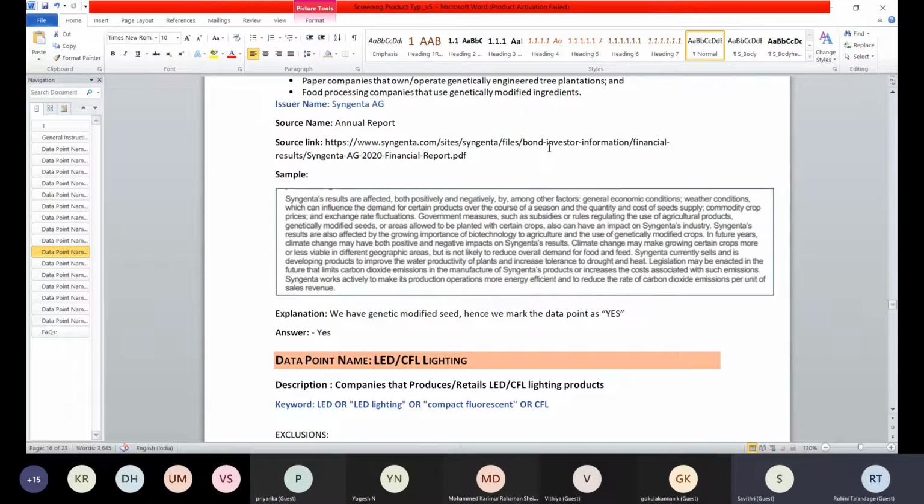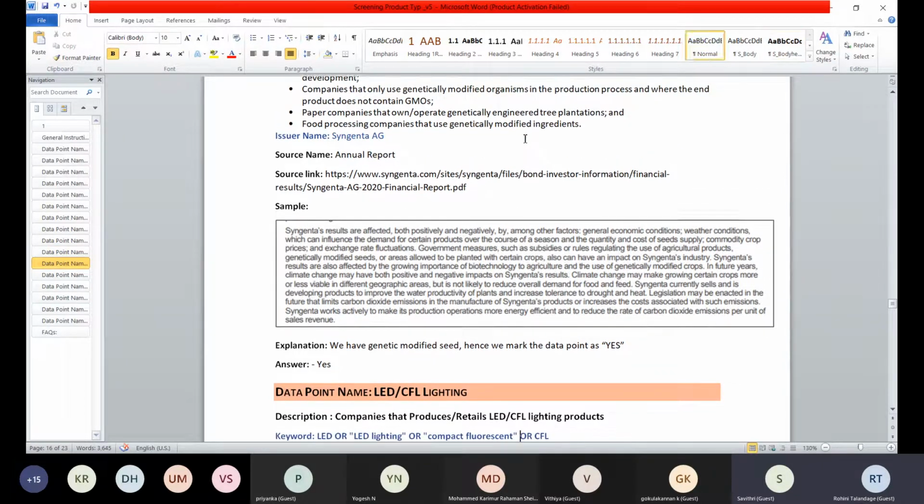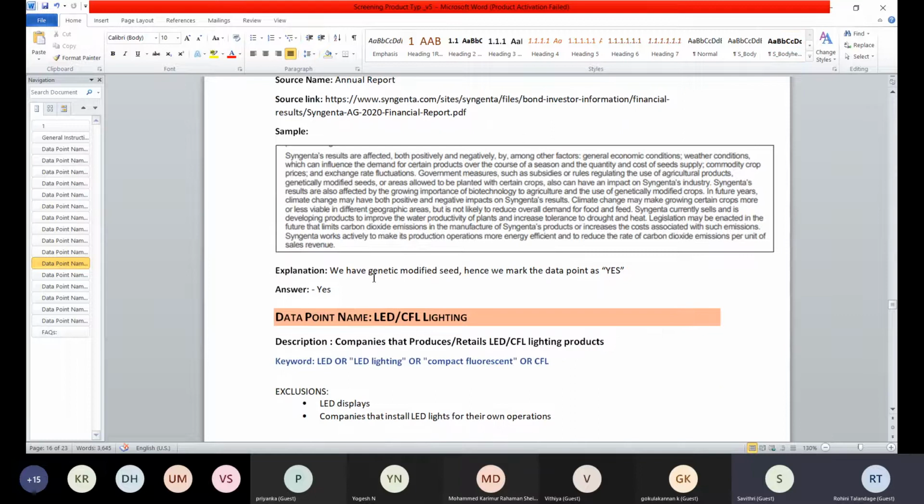So what they are saying is they are making use of genetically modified crops. In that case we can mark it as yes, because we have genetically modified seeds.